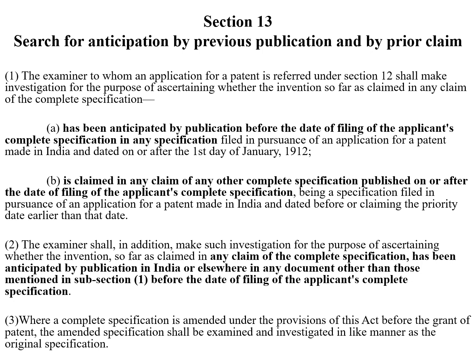Then subsection 2 deals with the examiner making an investigation and ascertaining whether the invention claimed in any claim of the complete specification has been anticipated by publication in India or elsewhere in any other document, other than that which is mentioned in subsection 1, before the date of filing of the applicant's complete specification.